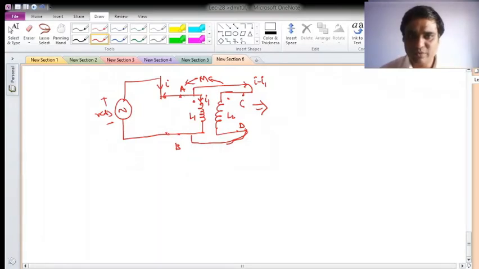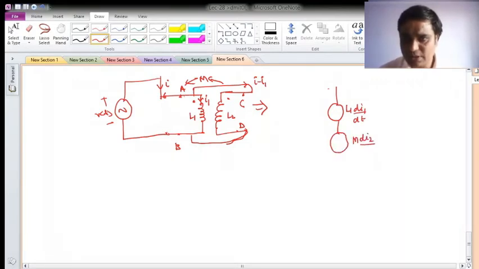Current is flowing into the dot, so it will be L1 di1 by dt plus again mutual inductance with di2 by dt, not I2 now, I2 will be this current in coil. So what is this current? It will be I minus I1. Okay, and what about the polarity? Simple, because current is entering into the dot here also and here also, so positive and negative.